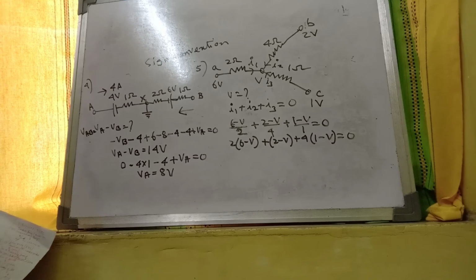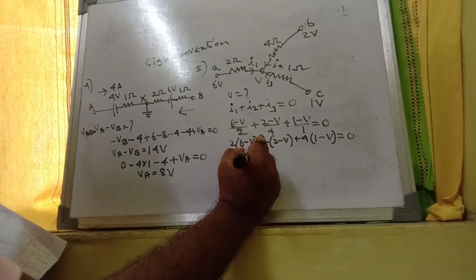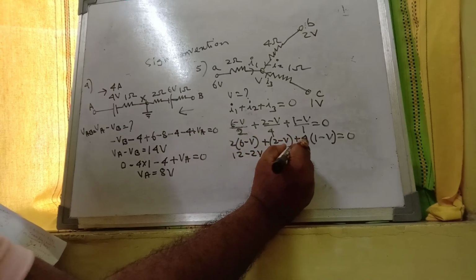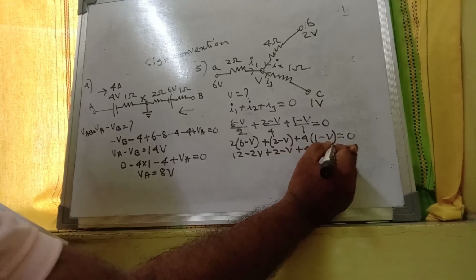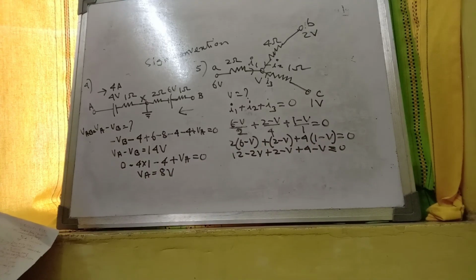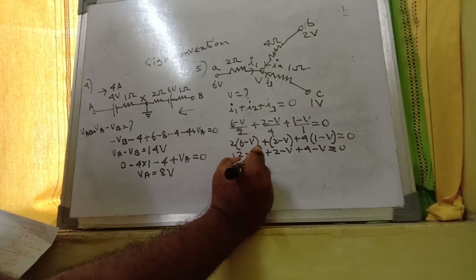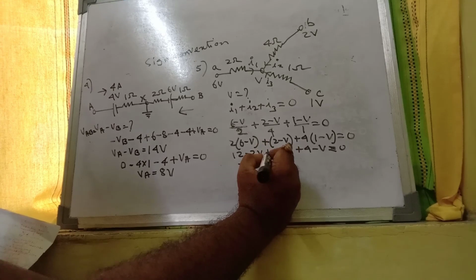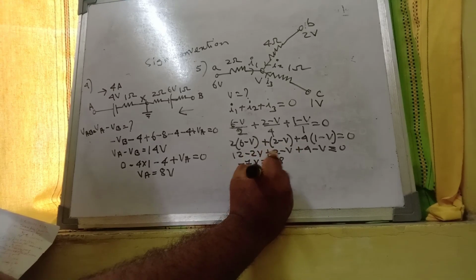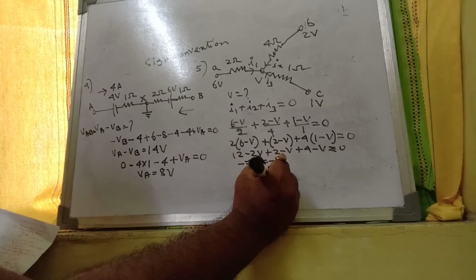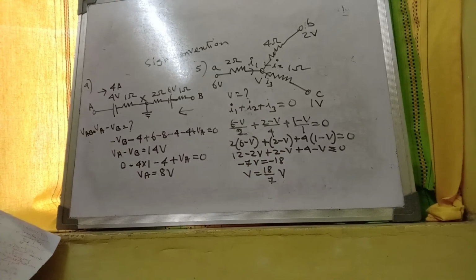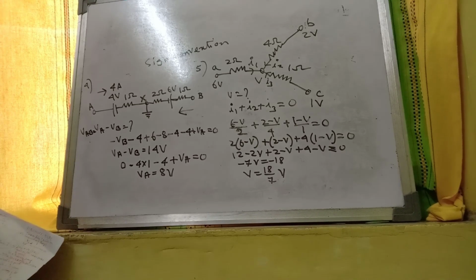So if you open the bracket, 12 minus 2V plus 2 minus V plus 4 minus V is equal to 0. So to solve, you find minus 7V is equal to minus 18. So your V comes 18 by 7 volt. So 18 by 7 volt. Hope you have learned this. I have used KCL. So I get I1 plus I2 plus I3 is equal to 0.